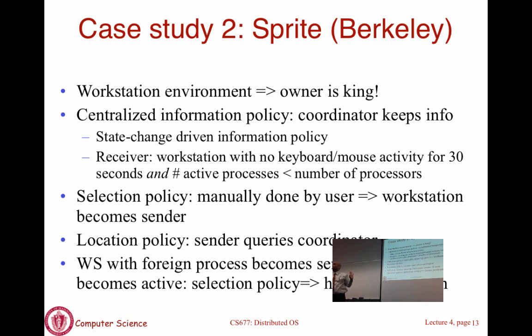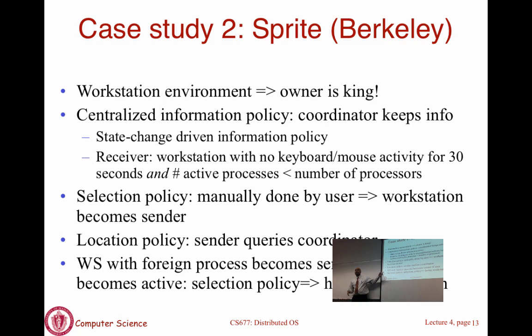This is a receiver initiated policy. There was a central coordinator, which is tracking the load on all the machines and the state of all the machines. So you don't actually have to go and ask other machines to send you jobs. You simply tell the coordinator, now the machine has become a receiver. Is there a job to run? And the coordinator is tracking what else is happening on other machines, and if there is a job to run, it will be sent to that machine.